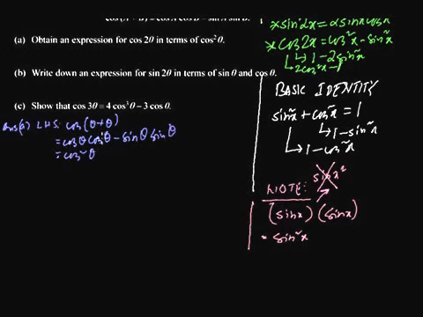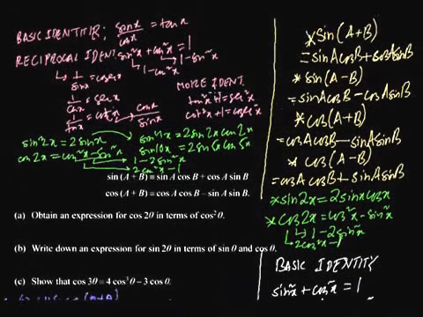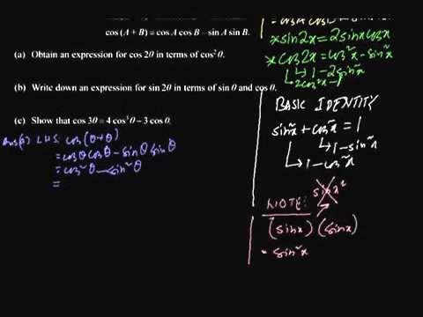Again, this is not cos theta square, it is cos square theta minus sine square theta. Of course, we have to express this in terms of cos square theta, so we have to find an identity of sine square theta, and we had seen before the identity for sine square theta is 1 minus cos square theta. This one, sine square theta, is identical to 1 minus cos square theta, part of the basic identity.